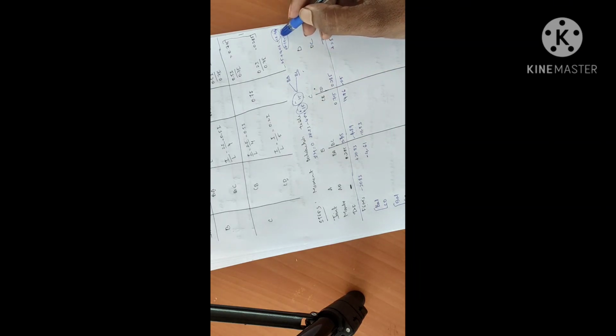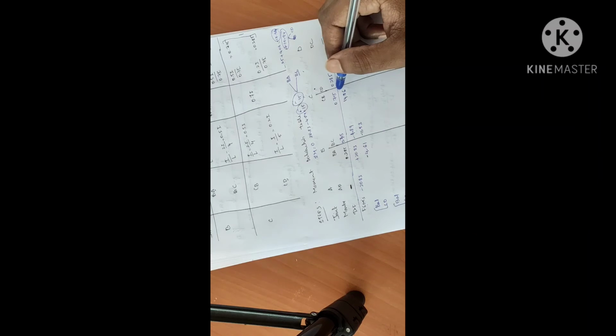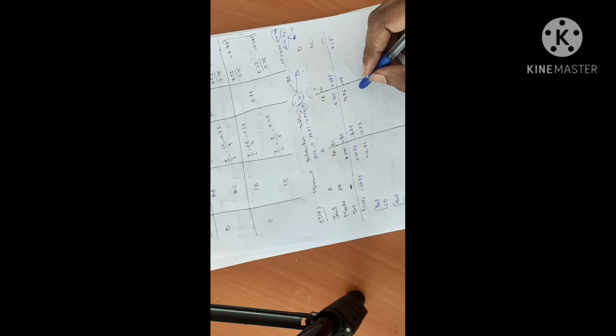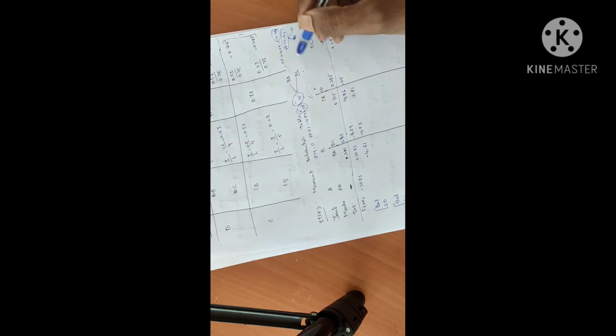To balance that joint, we require plus 10. This plus 10 you should distribute between CB and CD according to the distribution factor. It will be positive, because the unbalanced moment is negative, so the balancing is positive: 7.81 and this will be 3.13. So this is the balancing of joints B and C.